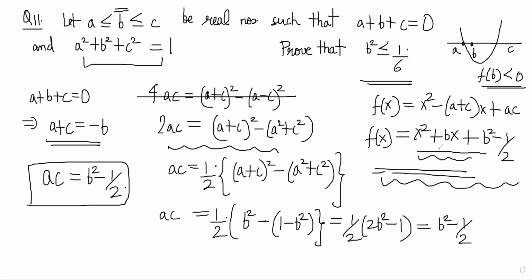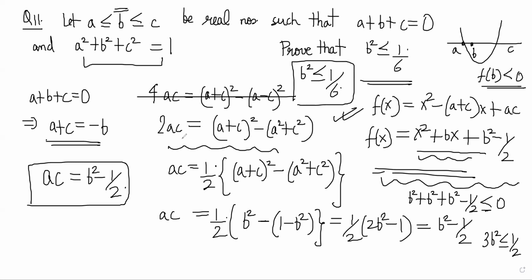So if you put f of b less than equal to 0, what we get is b square plus b square plus b square minus half is less than equal to 0, which basically gives us 3b square is less than equal to half. Basically proves that b square is less than equal to 1 by 6.